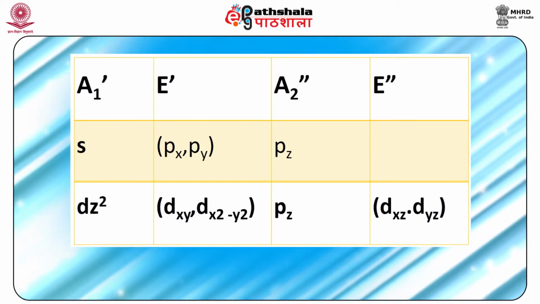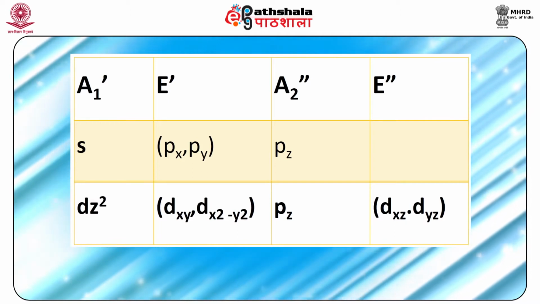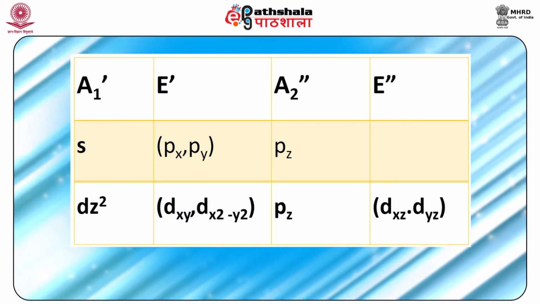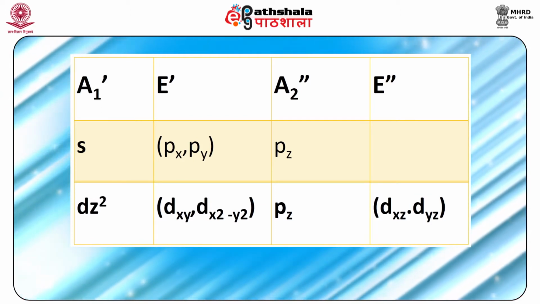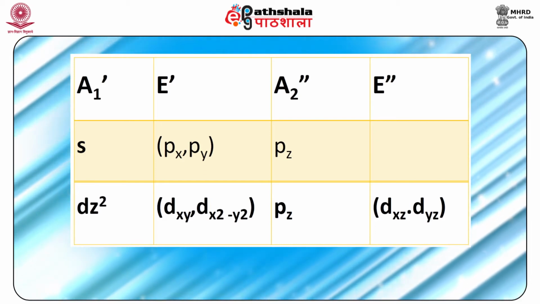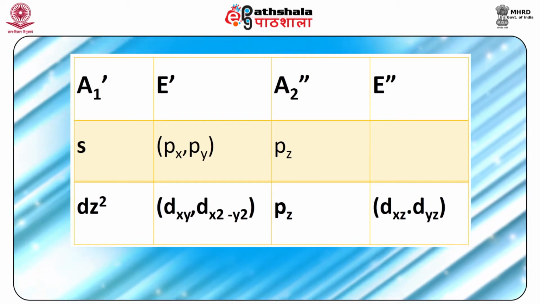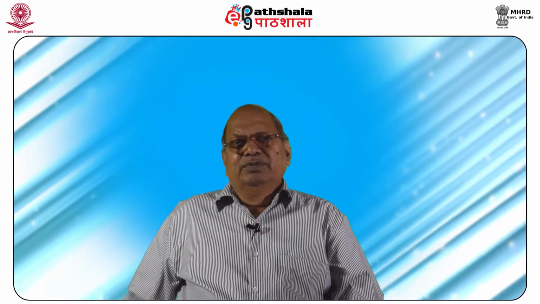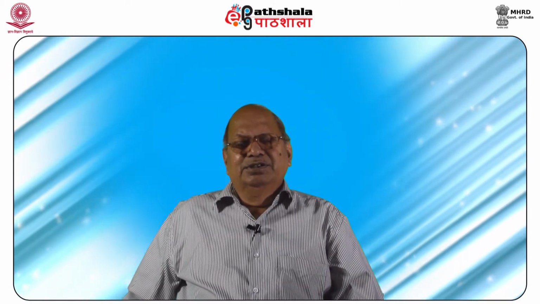The orbitals pz and dxz and dyz, which have A2'' and E'' symmetry respectively, do not mix to form hybrid orbitals for BF bonding, as these do not form the basis for the sigma BF. So these orbitals will not be considered in the hybridization scheme.